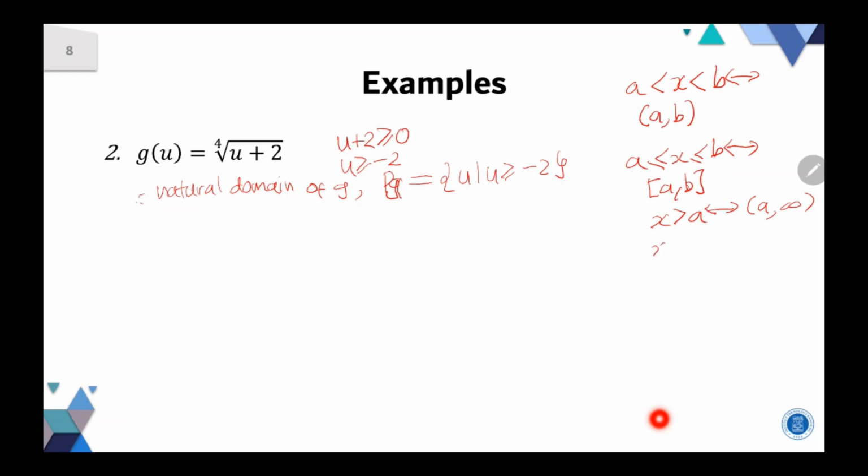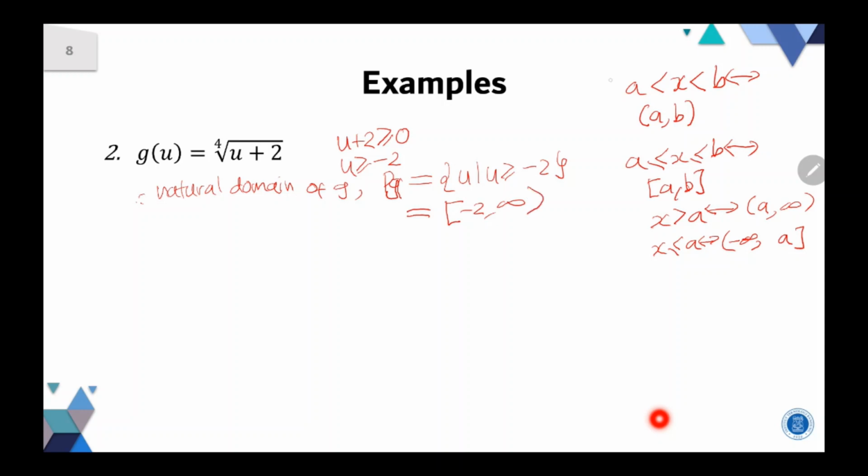And the other one is if we have x less than or equal to a, from minus infinity up to a. So we can write it in this way. If we have something like this, how do you write it? Okay, it's from -2, included, up to infinity.